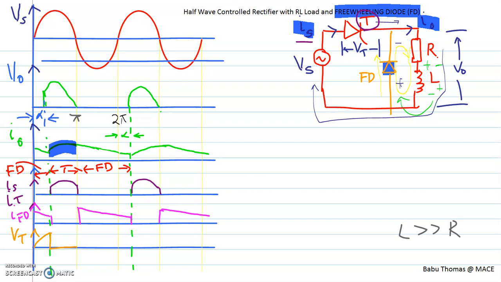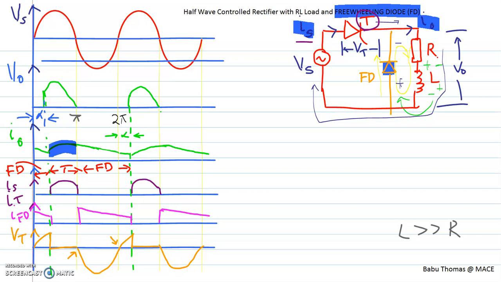Then at this particular angle pi, the thyristor has gone to its reverse bias condition and the current has gone below the holding current, and therefore it has gone to the switched off mode, and therefore it will be like this. Again, from 2 pi to 2 pi plus alpha, it has not started conducting, and therefore the waveform will be like this. So this is how we can plot the entire characteristics of the system.